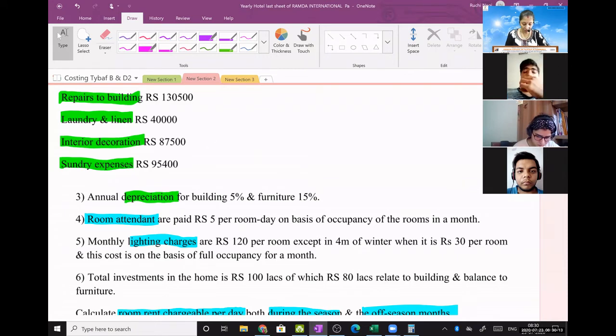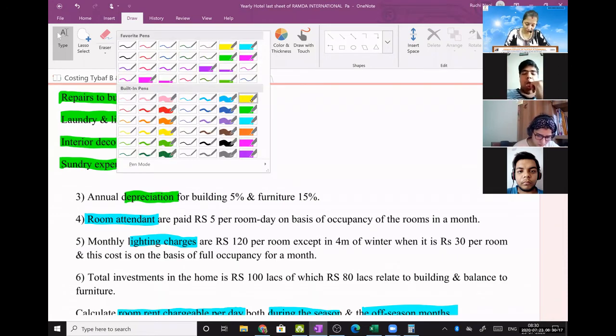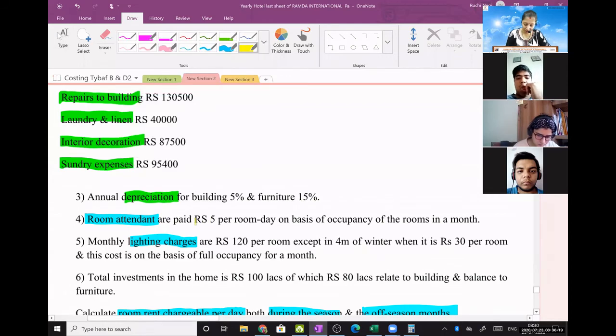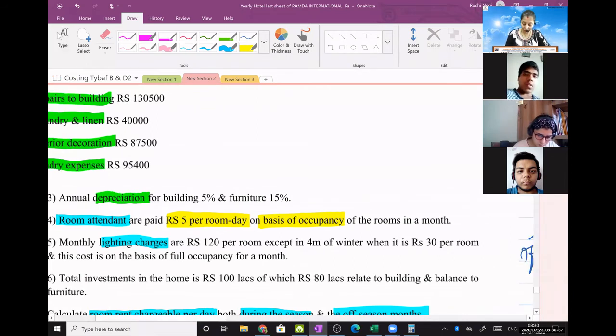Room attendant is paid 5 rupees per room day. So obviously he is paid on a daily basis, on the basis of occupancy. Anything that is on the basis of occupancy is a variable cost. Then monthly lighting charges are rupees 120 per room, except in 4 months of winter when it is rupees 30 per room.